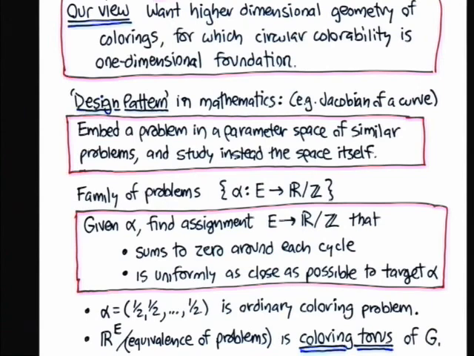But then I want to mod out, here's my torus coming, by whenever two problem statements are actually equivalent. Okay, so let's see some examples to see what that looks like.